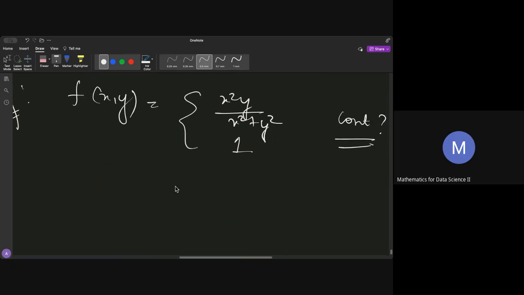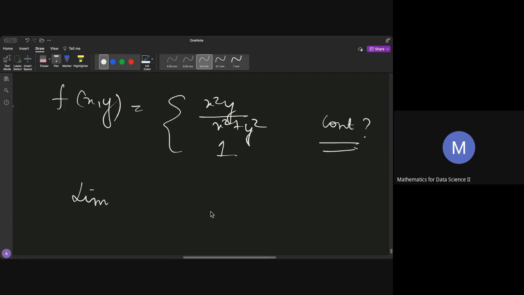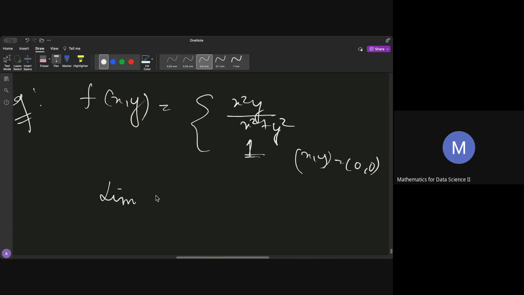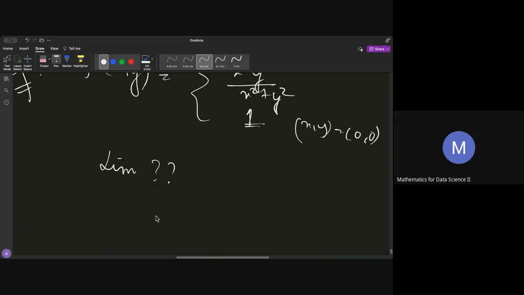First, we'll discuss the limit of this, when (x,y) is (0,0). This is obvious, but I'll still write it. At the point (0,0), this function is not defined, so the value we are taking is 1 at (0,0). So is this continuous? For this, we'll first need the limit. What is the limit? And does the limit exist at all in the first place?